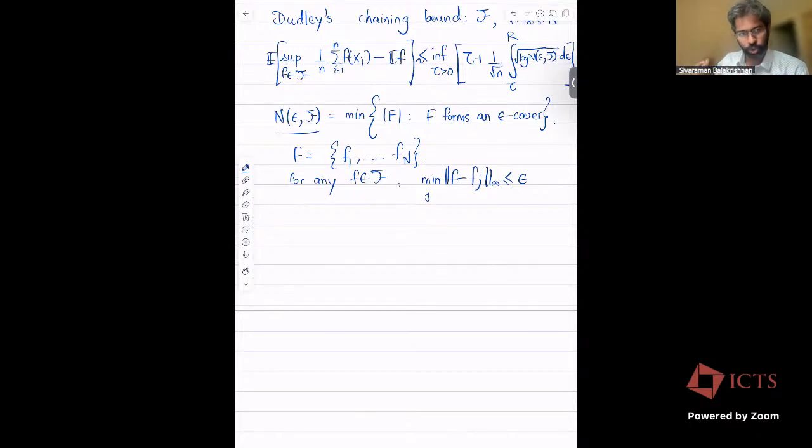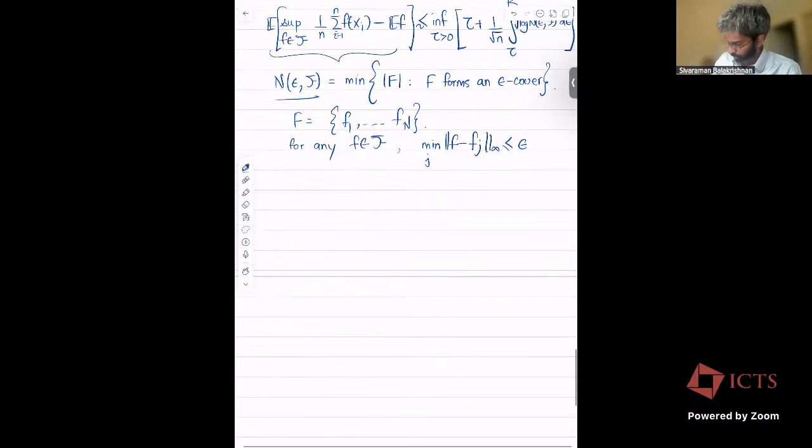So it's somehow the most parsimonious cover that I can construct, the size of that. And Dudley's chaining bound just says that the square root of the log of that covering number upper bounds the expected supremum of an empirical process. Okay, maybe a picture.